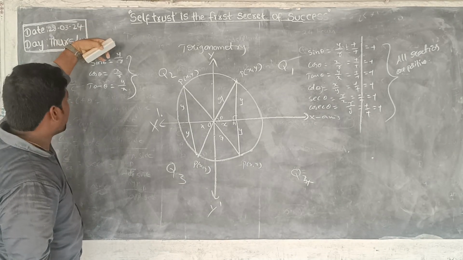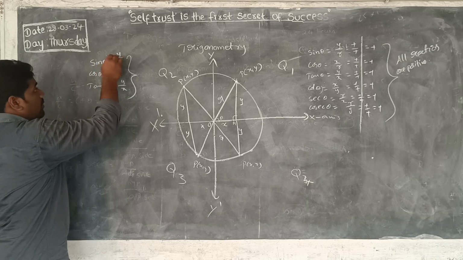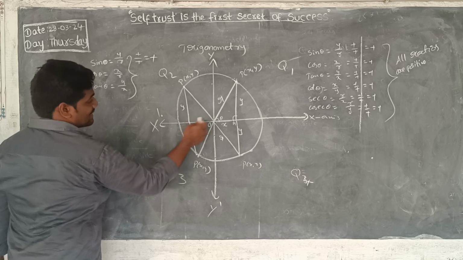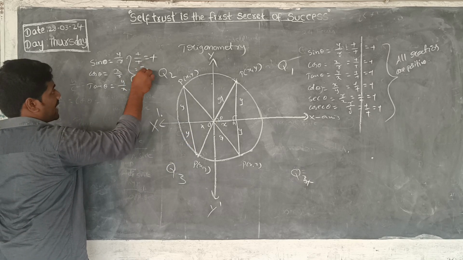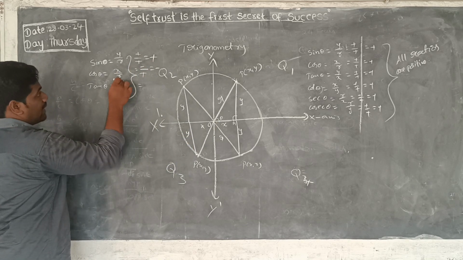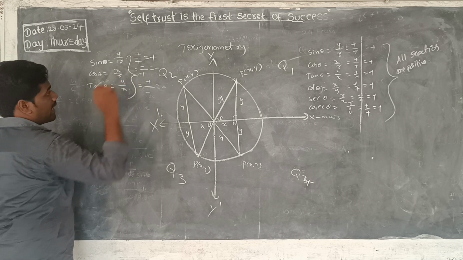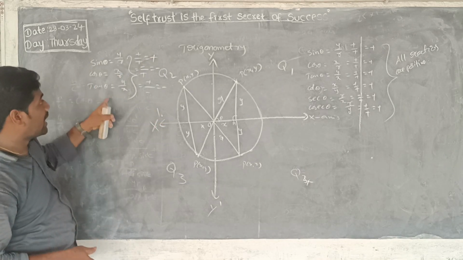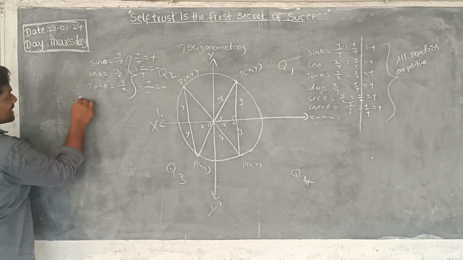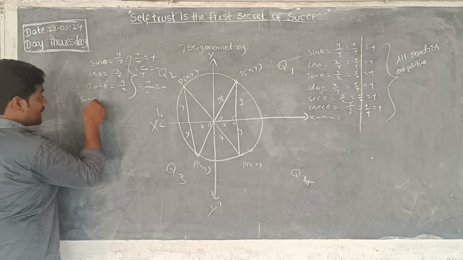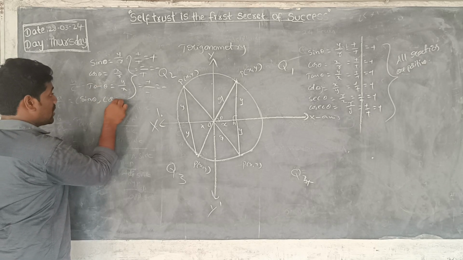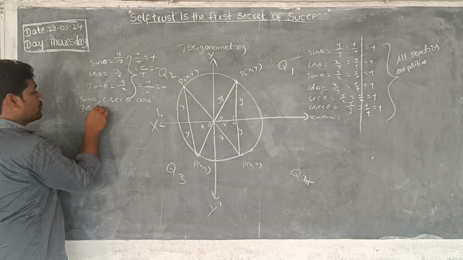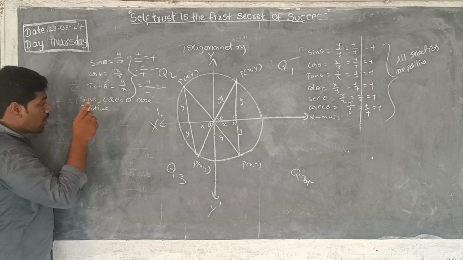So I am finding about sin theta first. Sin theta is positive, positive by positive is equal to plus. X is negative now, so cos theta is minus by plus is equal to minus. Similarly, Y is positive by minus is equal to minus. If you observe, sin theta is only the positive. So in quadrant 2, sin theta and the reciprocal of sin theta, cosecant theta, are positive.